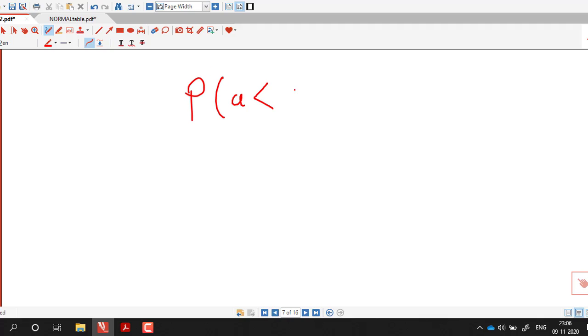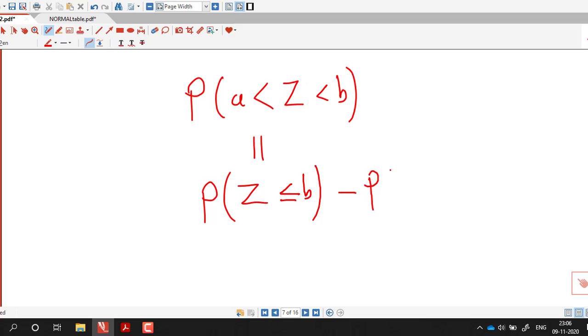In this way we can use standard normal probability tables to find the values of probabilities, either for a standard normal random variable or a normal random variable, and we have used this fact so many times. Instead of x we are using z. So this is equal to probability that z is less than or equal to b minus probability that z is less than or equal to a.